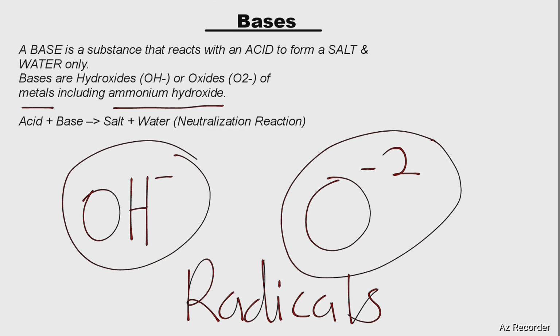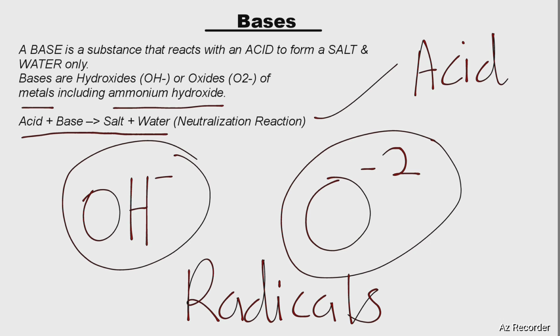This reaction whereby an acid reacts with a base is called a neutralization reaction, and this is because a base is able to neutralize an acid. What do we mean when we say a base is able to neutralize an acid? It means that a base can get rid of the acidic properties of an acid, because acids always produce hydrogen positive ions.